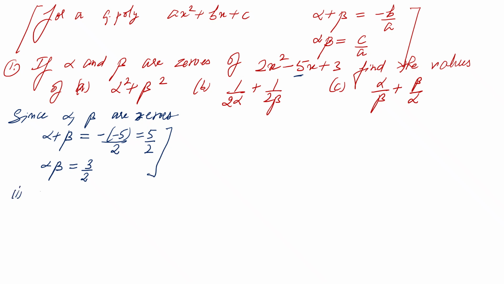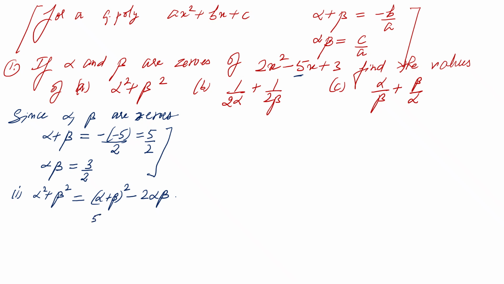So first part, alpha square plus beta square. As such, we don't have any value for alpha square plus beta square. So we will use the identity. This can be written as alpha plus beta raised to power 2 minus 2 alpha beta, right? Now substitute the value.